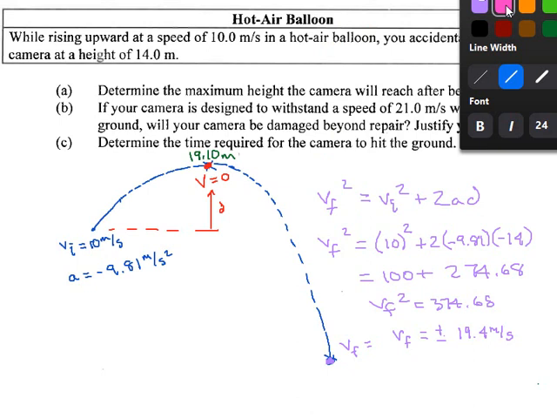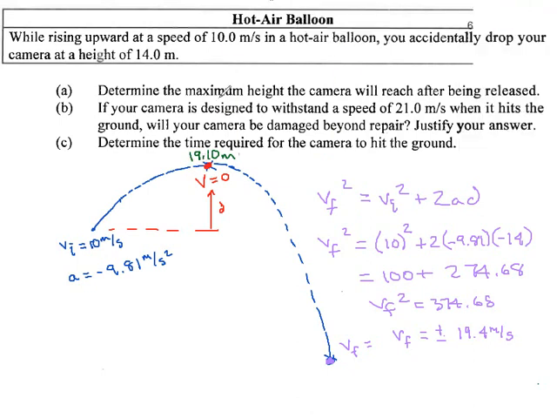Now, technically, both of those answers are valid. The reason for that is, as far as the math is concerned, this object has been following this path forever, and that means it's been following that path back here too. The math is saying back here, if you were at ground level, the object would have been going 19.4 meters per second up. Now, that doesn't actually make sense because the camera was in our hand back here, but the formula doesn't know that.